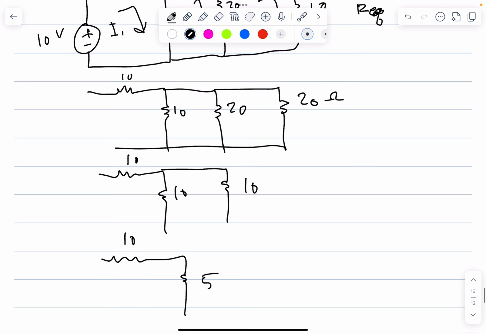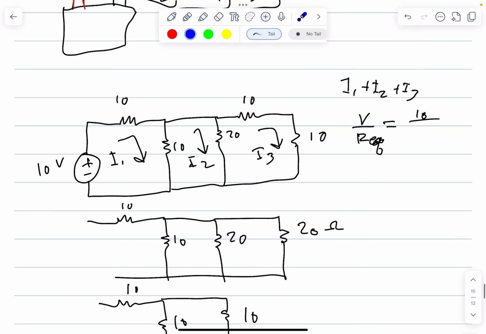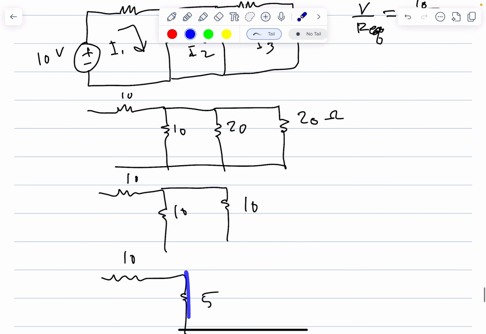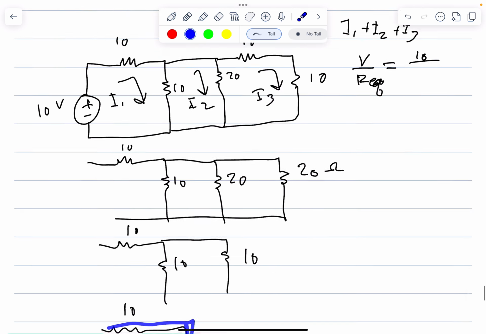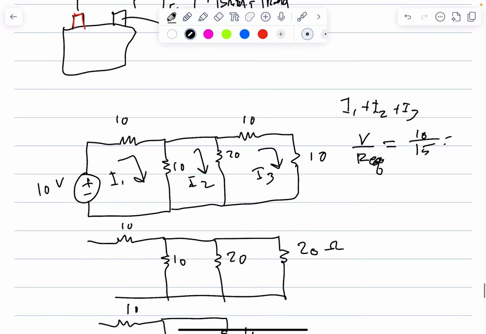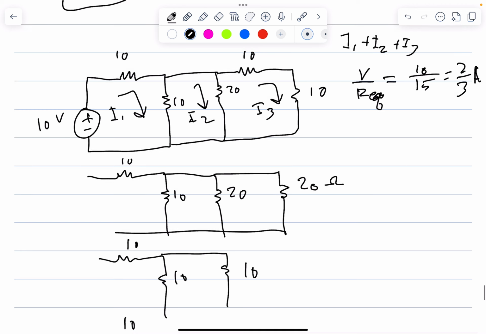And now what I did is, you saw, 10 plus 10 is 20. 20 in parallel with 20 is 10. 10 in parallel with 10 is 5. 10 in series with 5 is 15. So my total current is 10 over 15, right? Which is 2/3 of an amp, right? 2/3 of an amp. So now the fun part starts, right?